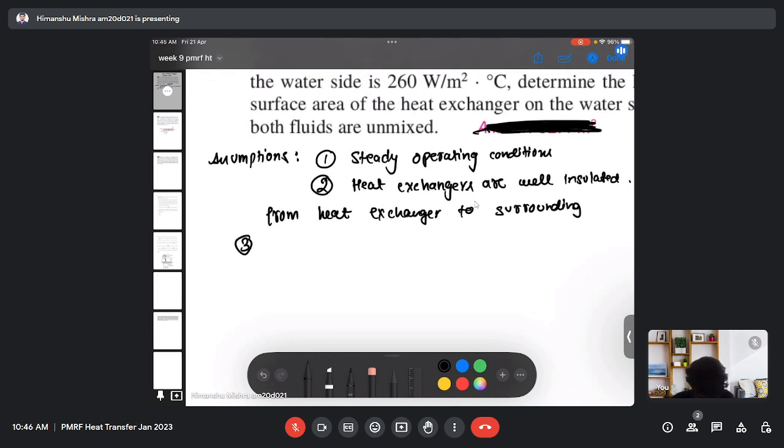The third assumption is that the overall heat transfer coefficient U is constant and uniform. It doesn't change with time or space.